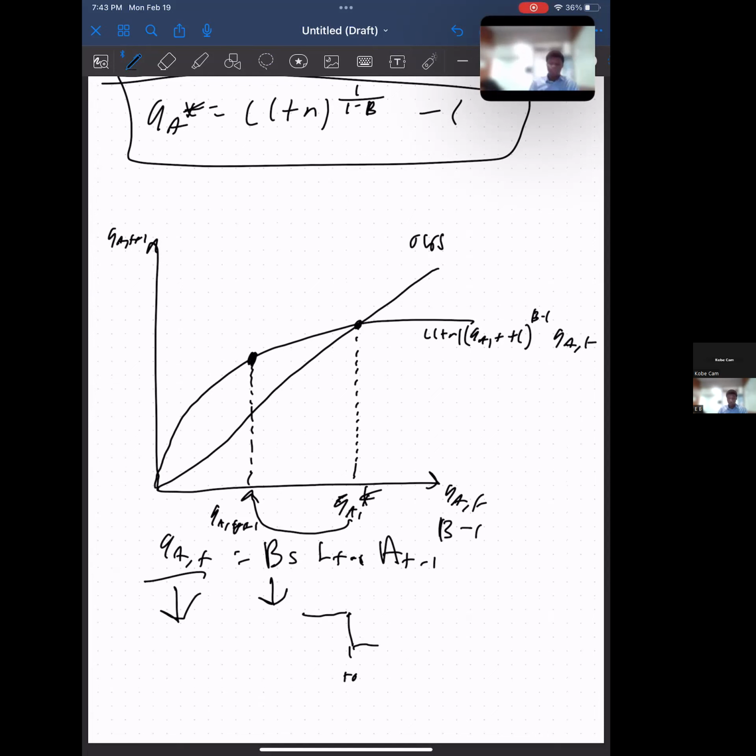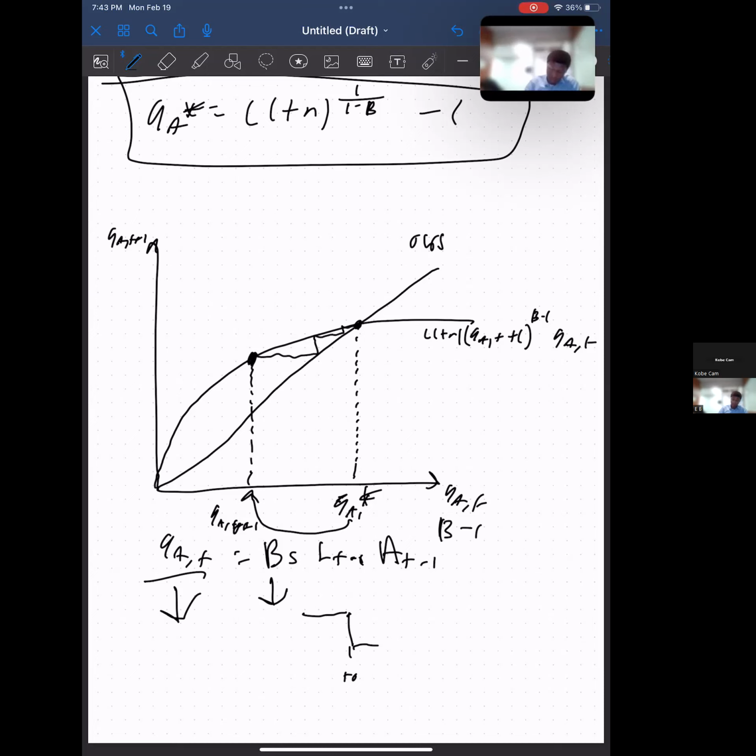So what happens next? Well, look, the equation line is above the 45-degree line. So that means we just keep going right and up like this.